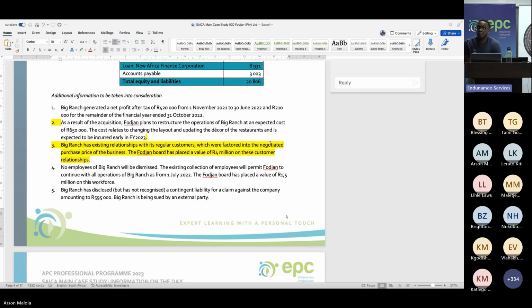So I think before you get involved with the independent valuator, you probably first have to look and see what assumptions have been used in order to determine the 4 million, and then compare that to what the industry is currently doing with regards to customer lists and how they value customer lists. And then depending on the complexity of that, you can refer to an independent valuator. Yeah, agreed. I don't disagree with any of your comments.